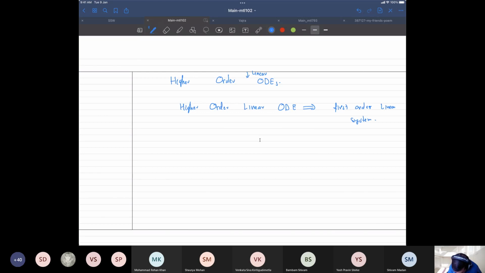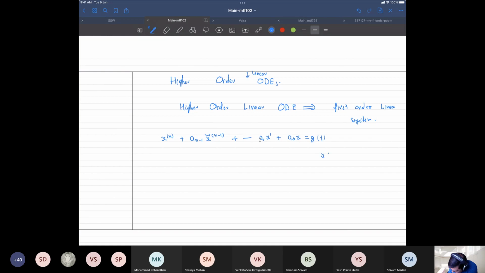So for example, if you take something like x^(n) plus a_(n-1) x^(n-1) and so on and so forth, plus a1 x prime plus a naught x is equal to 0, or even if it's some g(t).